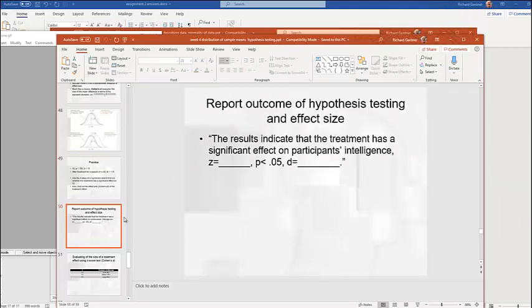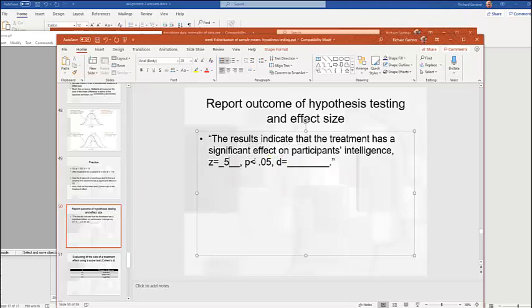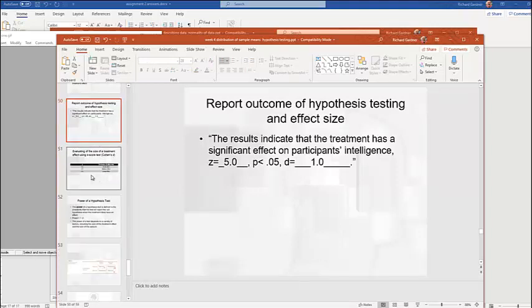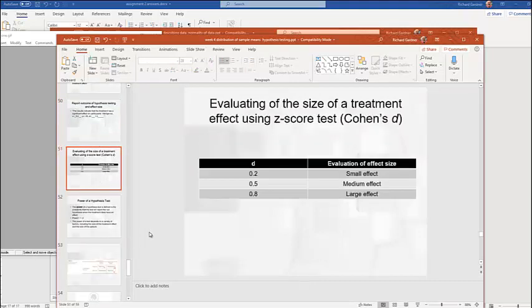So in other words, you got indicated that the z-score was 5 and the Cohen's d was 1.0. Again, small, medium, and large for Cohen's d.